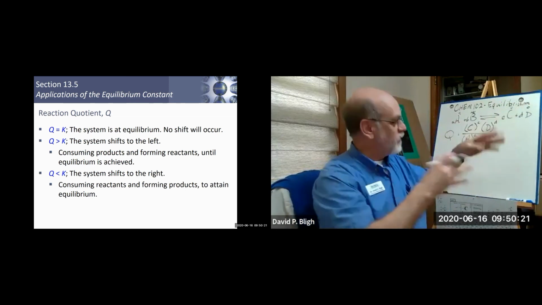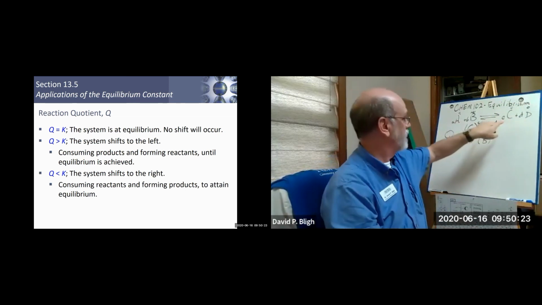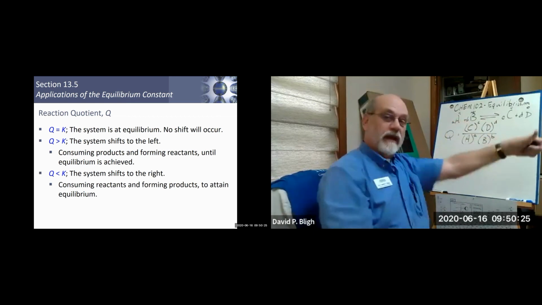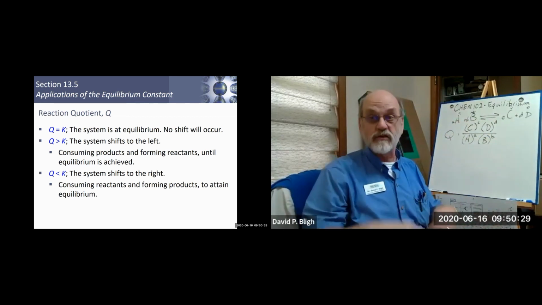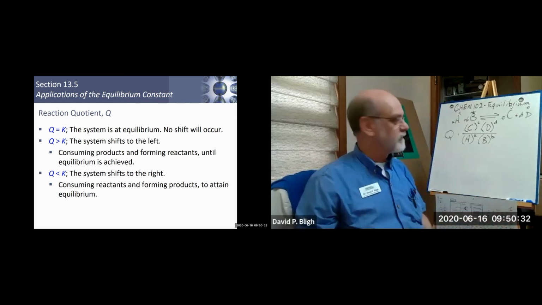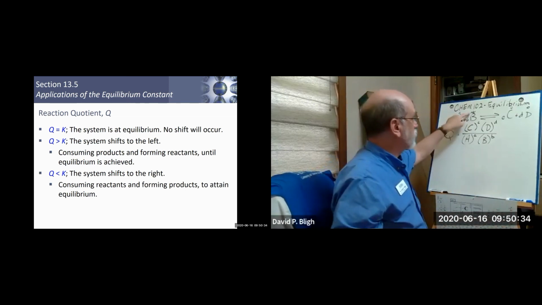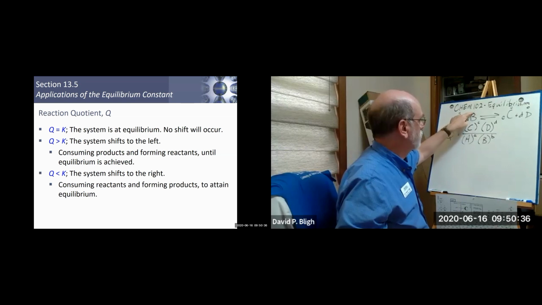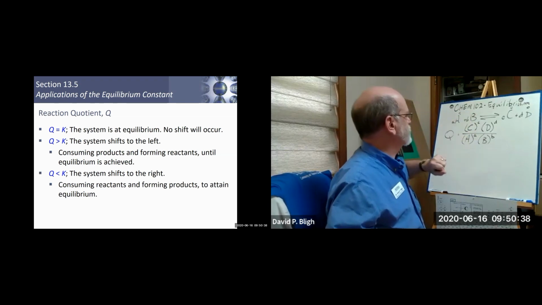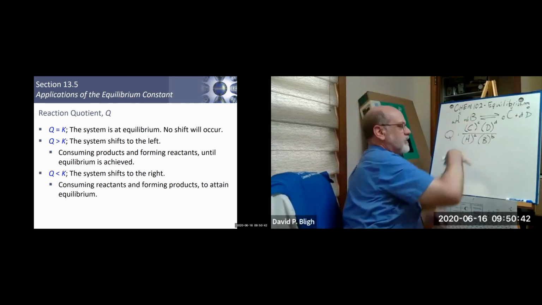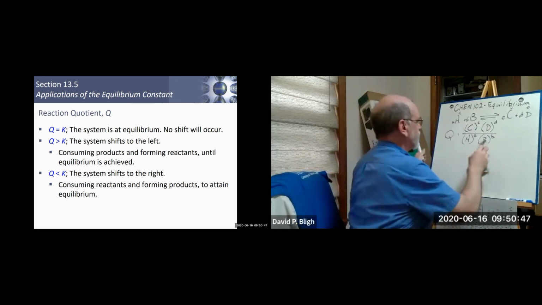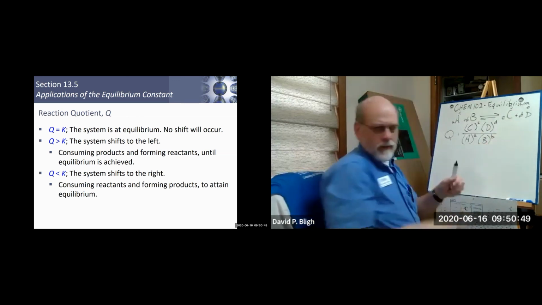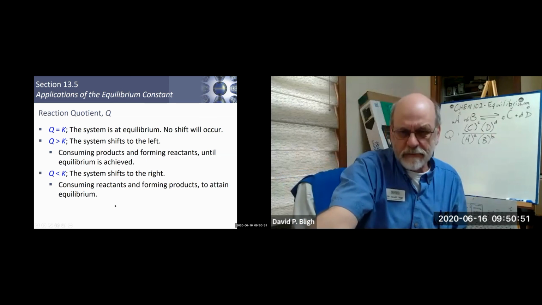Or if you do it the other way around, if you put some C and D in, and you don't put any A and B in, it's going back to the left. I mean, you don't even have to do a calculation. You know which direction it's going. You could also put in, let's see. Well, if you don't put any B in, you're not going to get a reaction, so that doesn't matter. Okay, so I'm going to leave that up there for a second in case I need it.